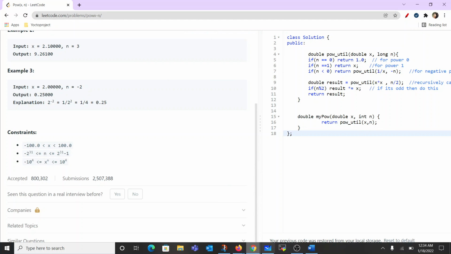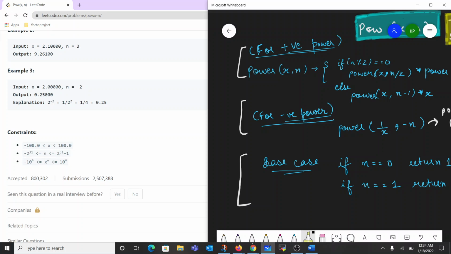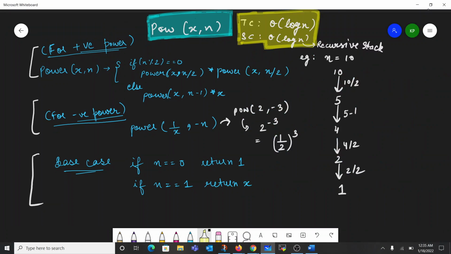Now let me explain further. The power could be even also and odd also.